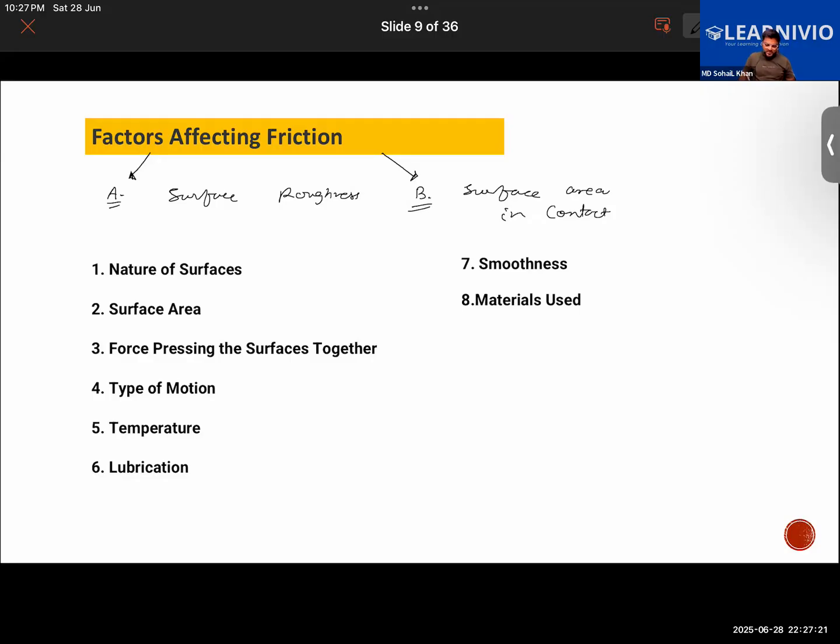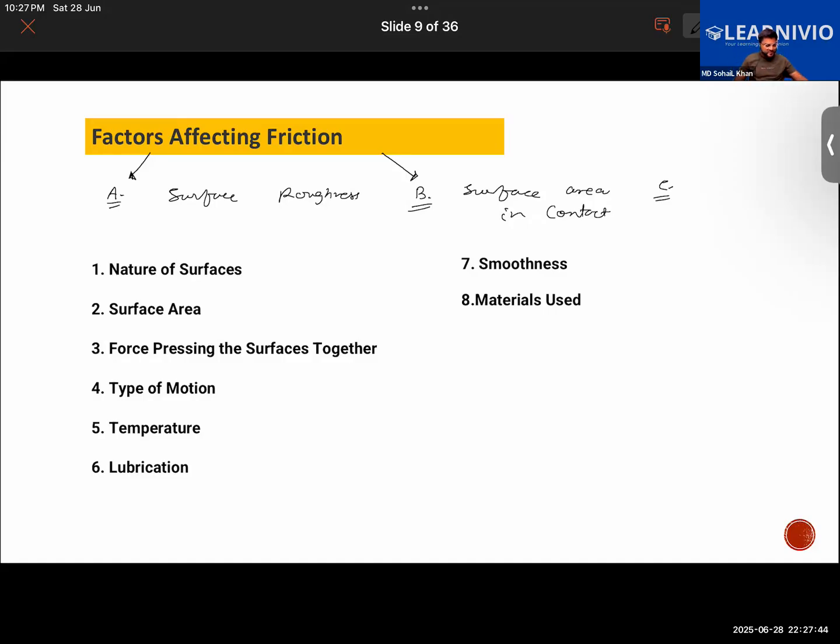Then another thing here is the force pressing the surfaces together. If you have a heavier object and a lighter object, clearly the heavier object would be applying more force on the object on which it has been placed.